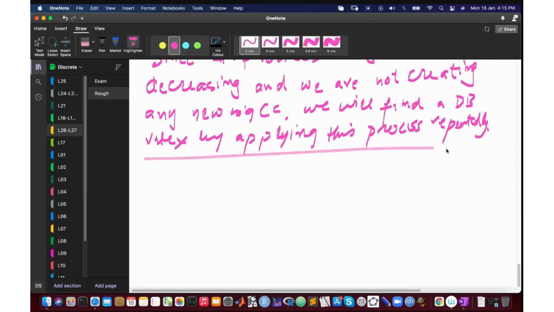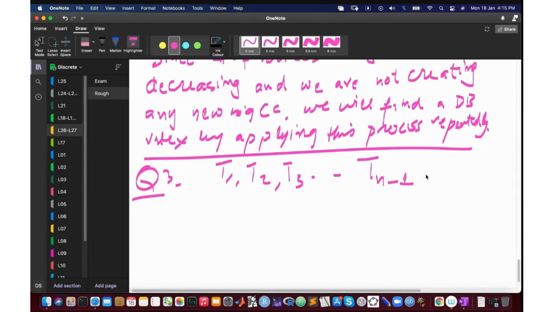So problem or question 3: T1, T2, T3, up to Tn minus 1, I think, a sequence of trees, contains two trees, at least two trees, of equal diameter.